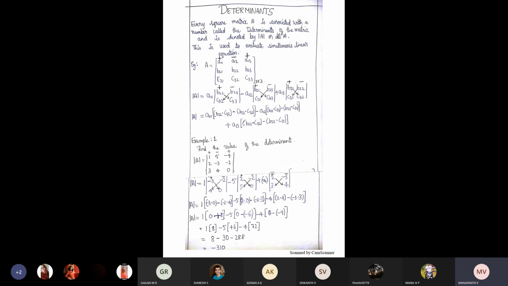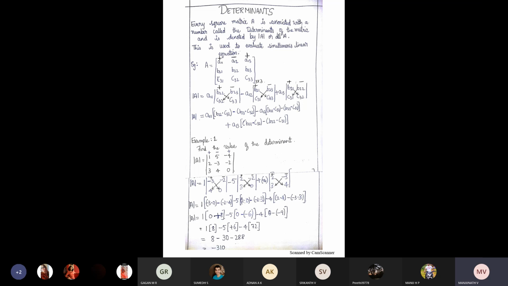Next, we start with the coefficient A12. Next, we start with the coefficient A13. Accordingly, we suppress the respective rows and respective columns. We are left with what are called 2 cross 2 elements. Moksha, tell me whether you are following or not. Please check it again. I will explain it again if you want.